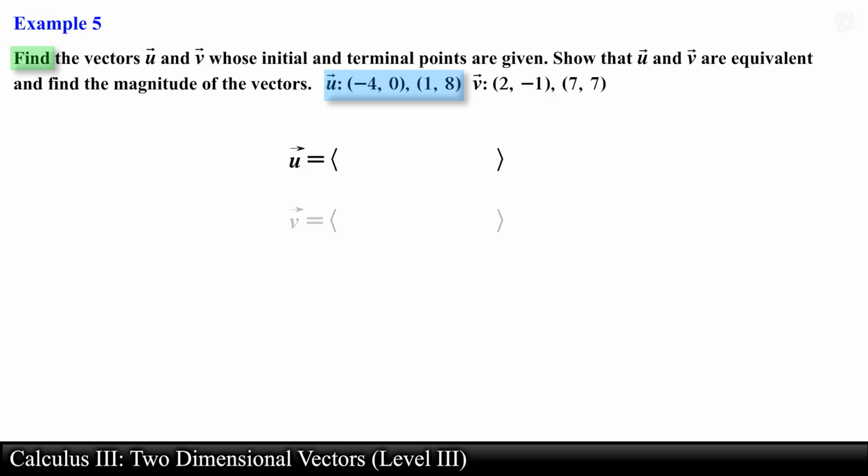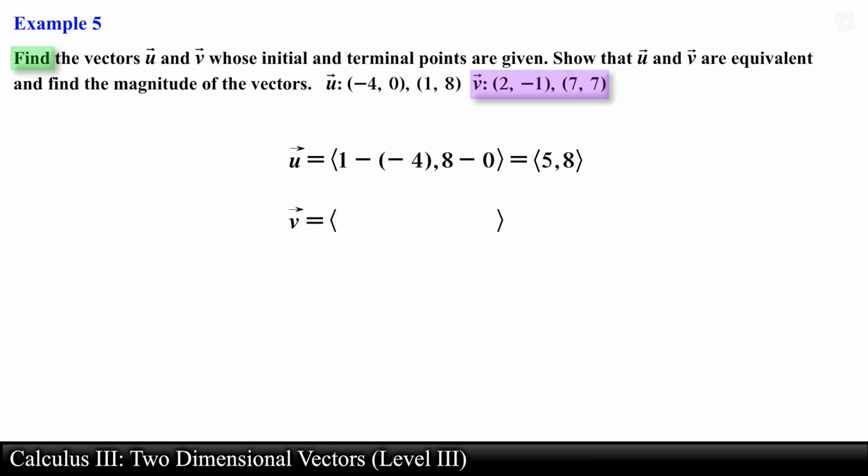Let's start with vector u. Similar to the previous examples, let's take the terminal point and subtract the initial point to obtain the components of the vector. Doing that, we obtain the following. Vector u is equivalent to 1 minus negative 4 for the x component, which simplifies to 5, and 8 minus 0 for the y component, which simplifies to 8.